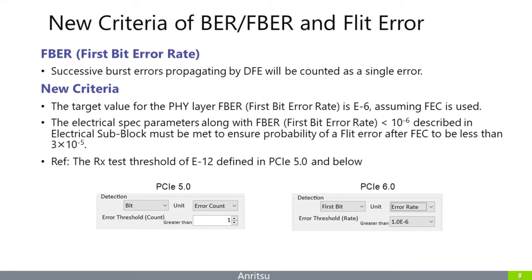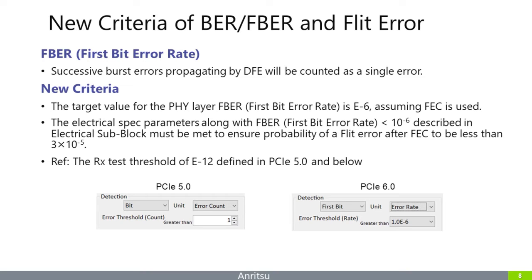So if you have like 3, 4, 5, 6 contiguous errors, that will be a group counted as just 1 error. And BER is defined as a raw BER, it measures every single bit. But for FBER, the concept is when you have contiguous errors, that is just 1 error.